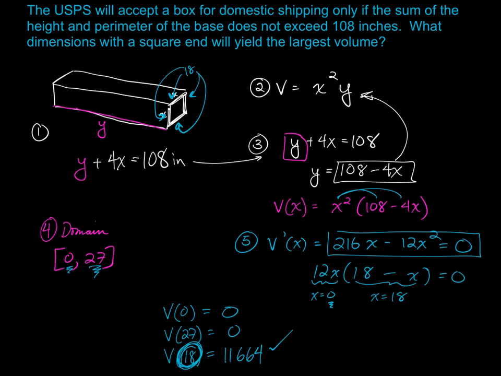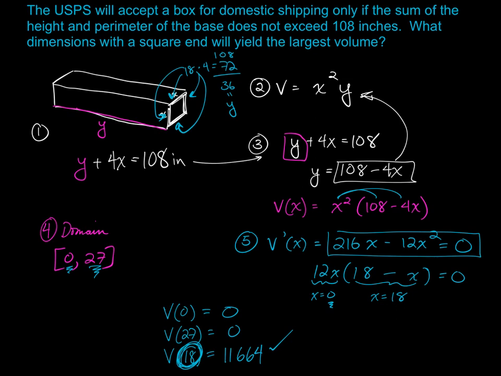And that eats up 72 inches of what is available. So when you have an 18-inch square, times 4, that is 72. If you take that away from 108, you end up with 36 inches for y.